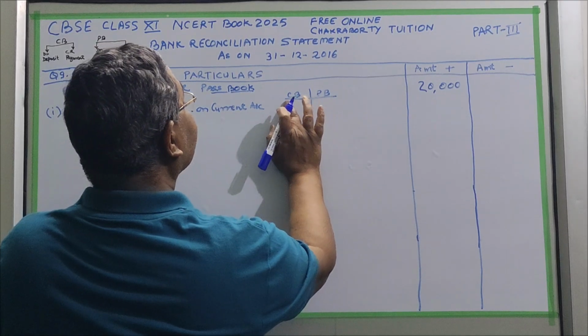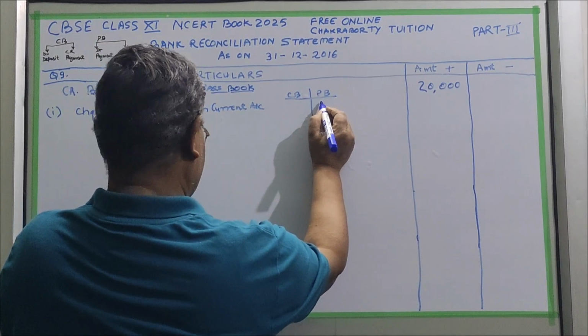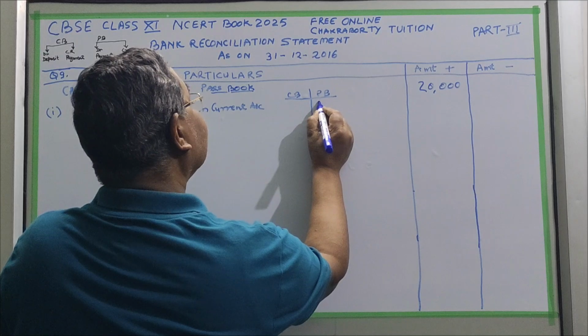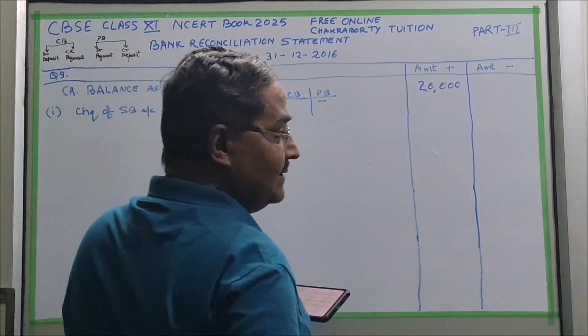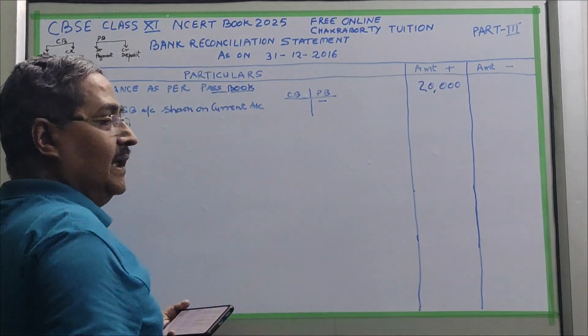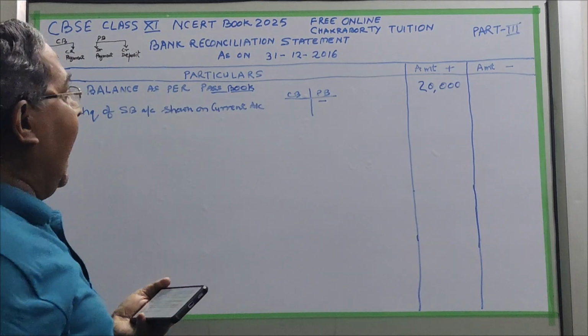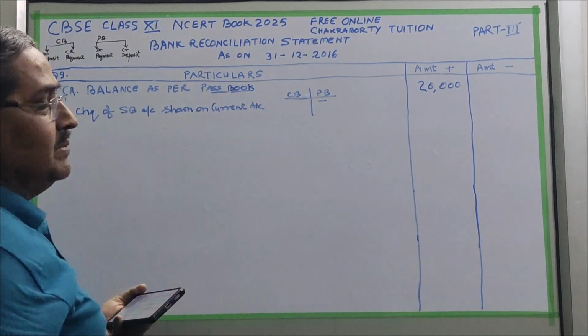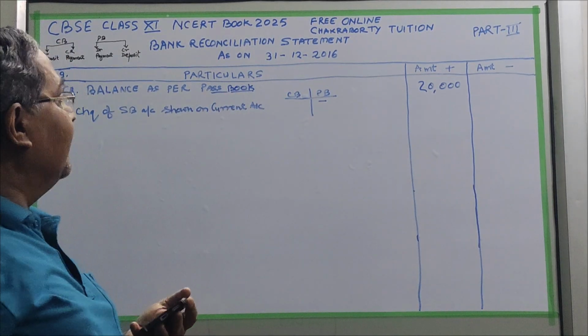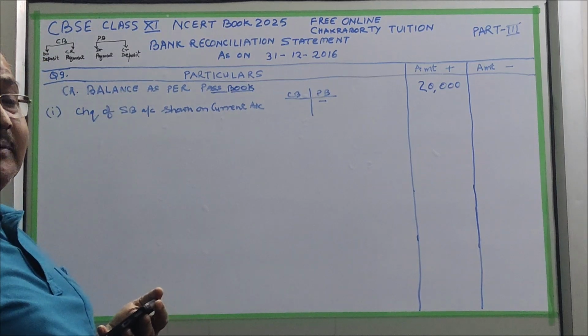What happens in the passbook? It was a minus entry. The bank has entered it in the current account. The current account is maintained at the bank, and the businessman has a cash book with a bank column.